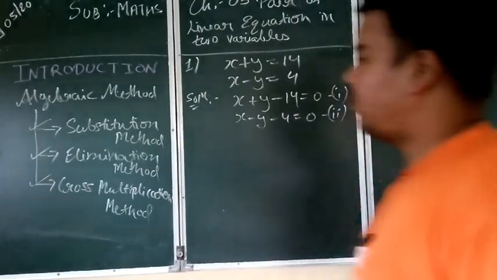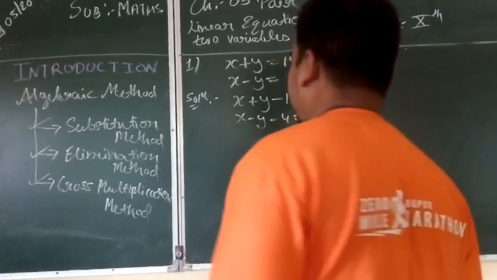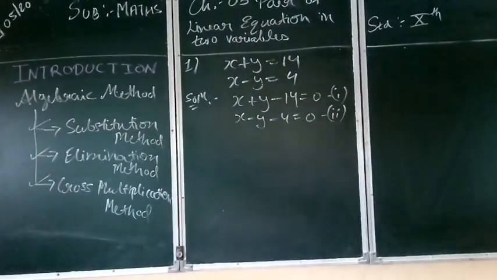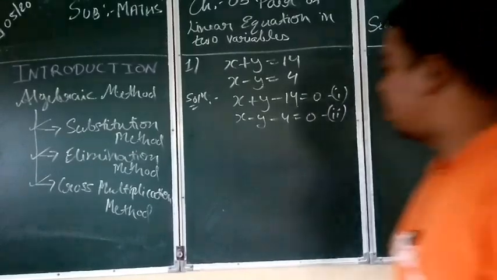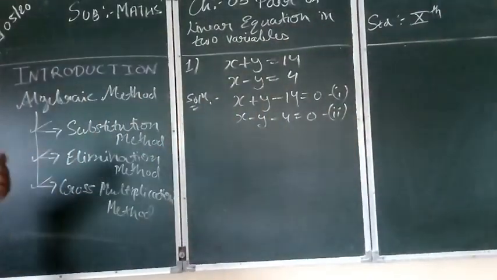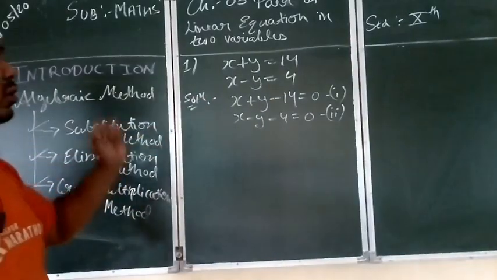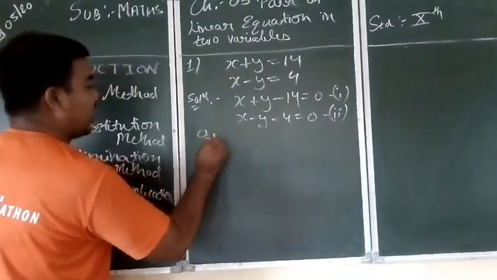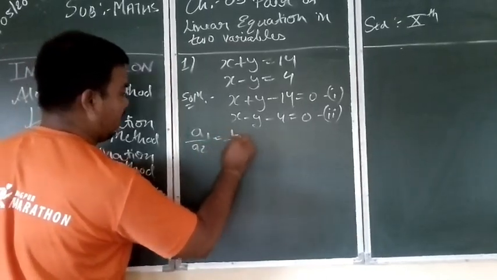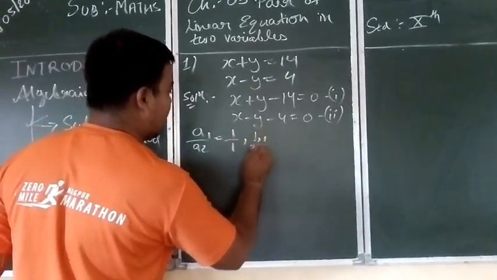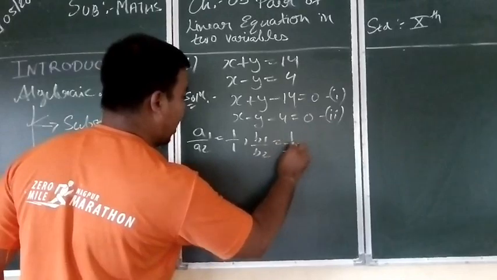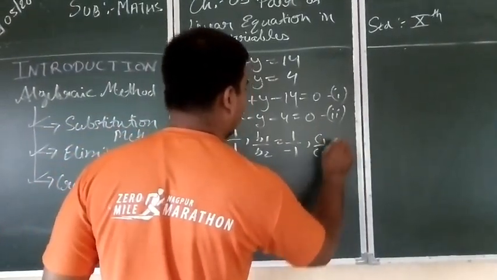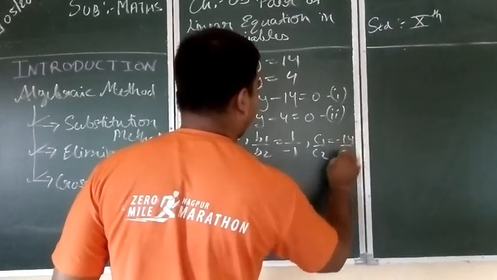Okay. Here we see the next method, the cross multiplication method. This example is now solved by the cross multiplication method. So first we write a1 by a2, 1 by 1; b1 by b2, 1 by minus 1; and c1 by c2, minus 14 by minus 4.